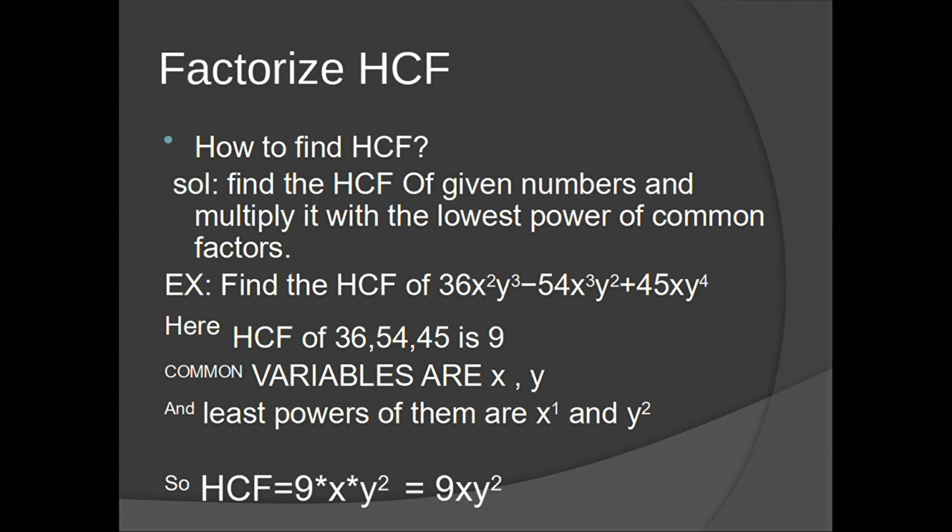And if you check the common variables here, you get x and y. And what is the lowest power of x? The lowest power of x here is 1, because we have x power 2, x power 3 and x power 1. So the lowest power of x is x power 1 and the lowest power of y is y power 2.